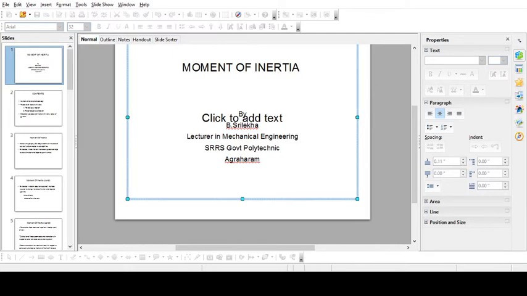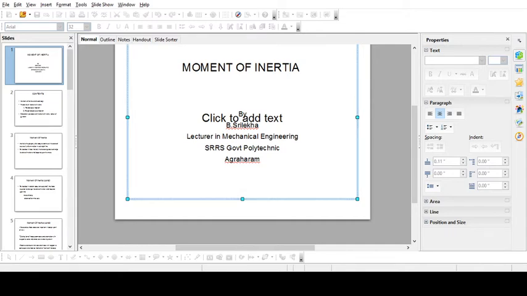So first let us take a rectangle. The centroid of the rectangle we know already: it is b by 2 along the x-axis and d by 2 along the y-axis. The area is b into d.